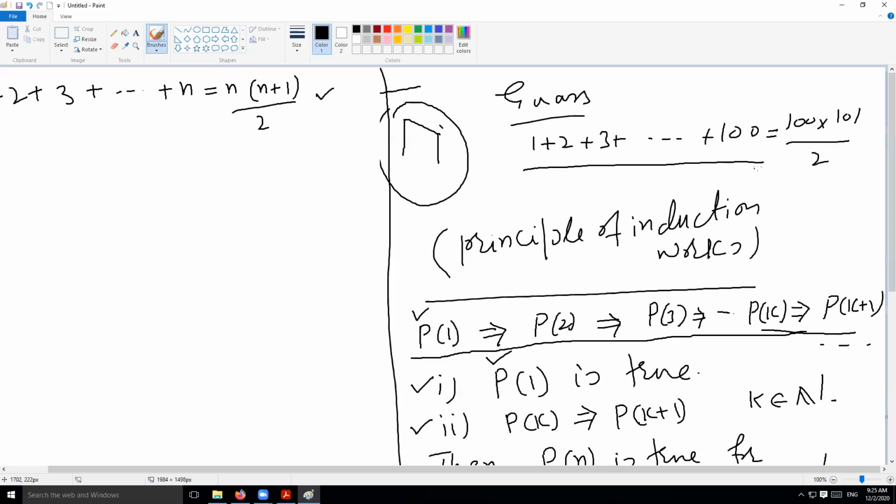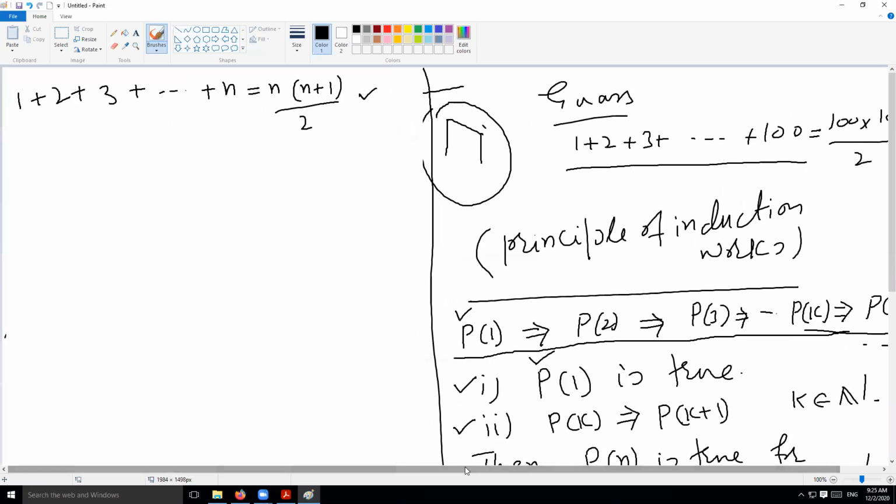Whatever this number comes out to be is the sum of these numbers. This result was a consequence of his observation. Anyway, the statement is true.